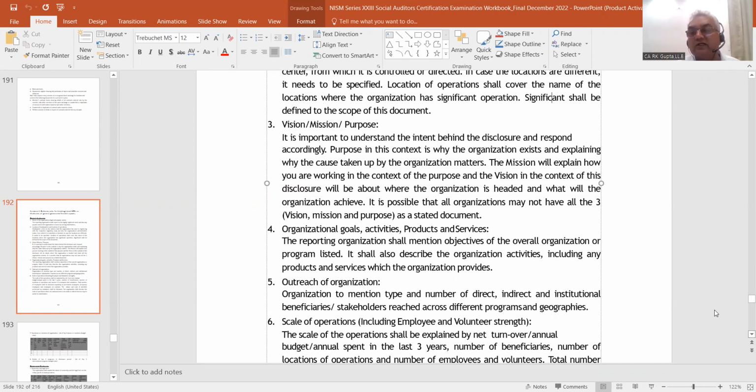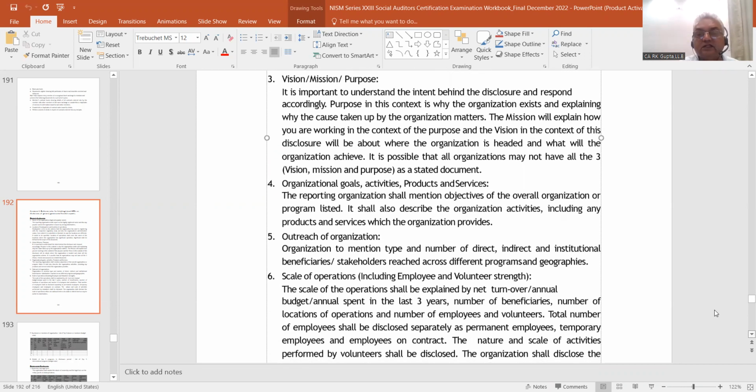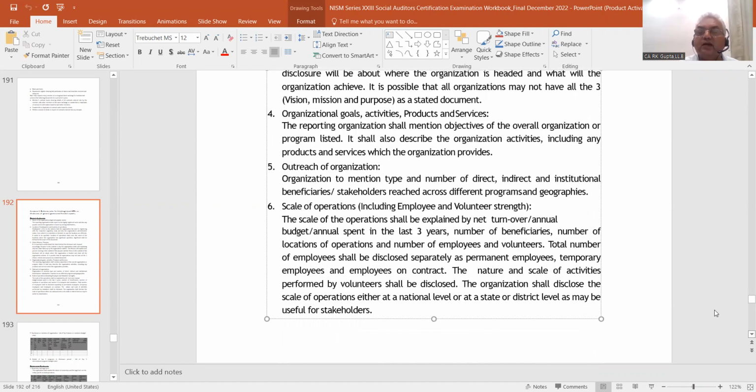It is possible that all organizations may not have all the three: vision, mission, and purpose as a stated document. Then organizational goals, activities, products and services, outreach. Outreach will include the type and number of direct, indirect, and institutional beneficiaries or stakeholders reached across different programs and geographies. Then scale of operations, including employee and volunteer strength.